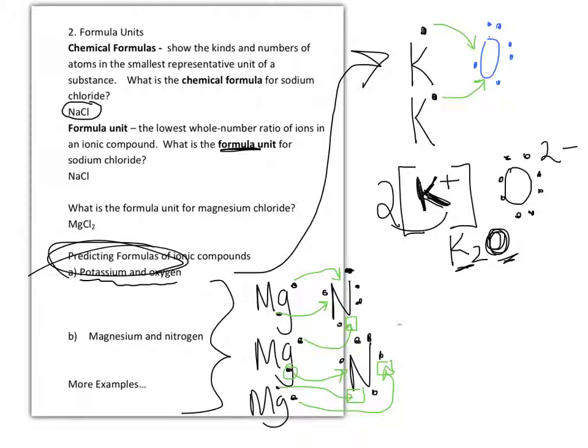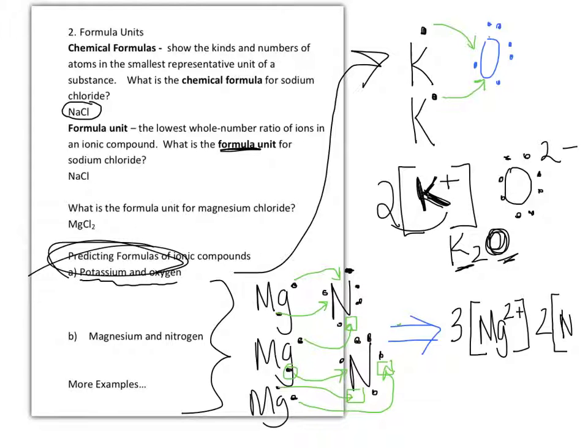So then what you end up with is you have 3 Mg 2 plus, and you have 2 N, and you've got to show that you have your valence electrons.